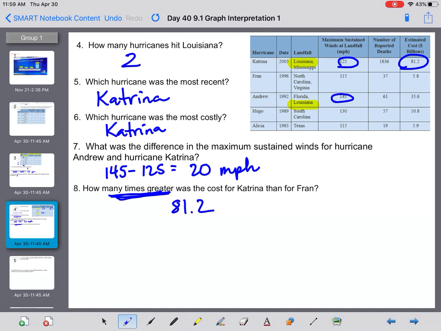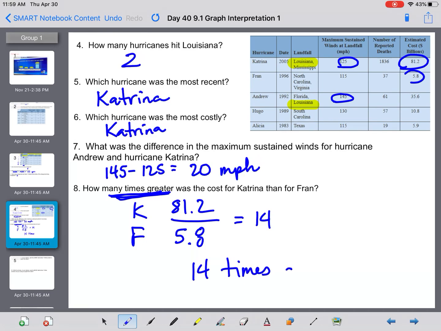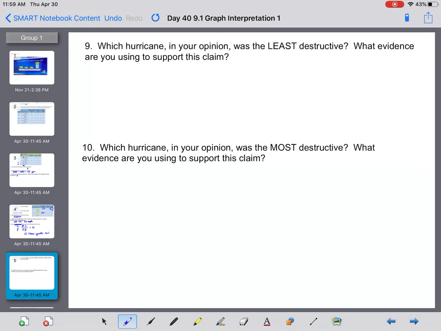Katrina was 81.2, and the cost for Fran is 5.8. So here's Katrina, here's Fran. If I actually do that division, I get 14. So that means Katrina had a 14 times greater cost in terms of the damage that was done.